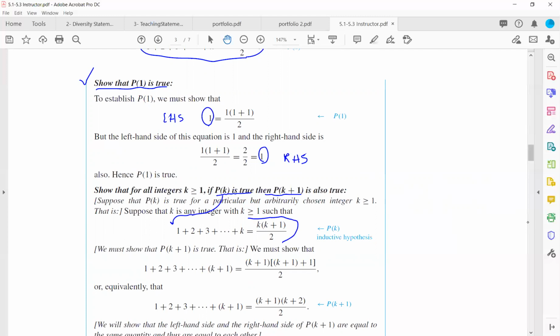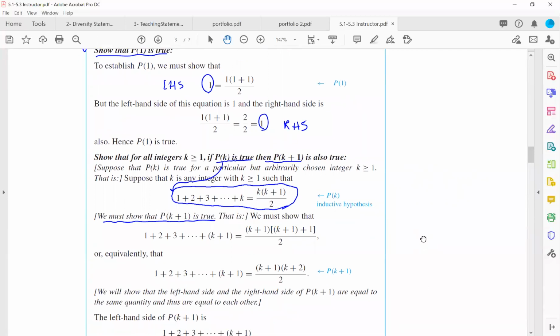So we know that left-hand side and right-hand side are equal to each other for k. Our goal is to show that P(k+1) is true. What's the meaning of that? It means that if I plug in k plus 1 on the left and right-hand side, I must get an equality here.